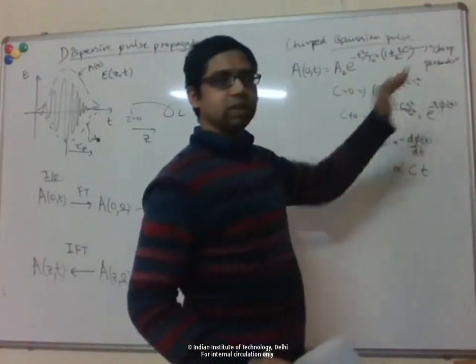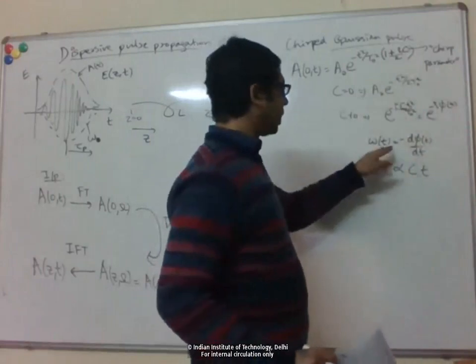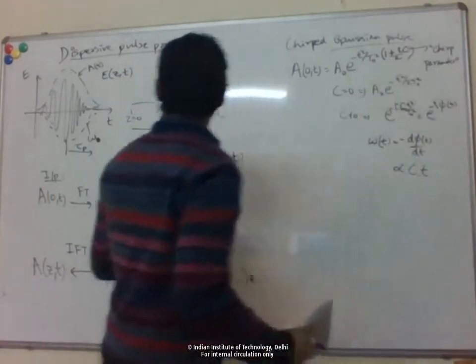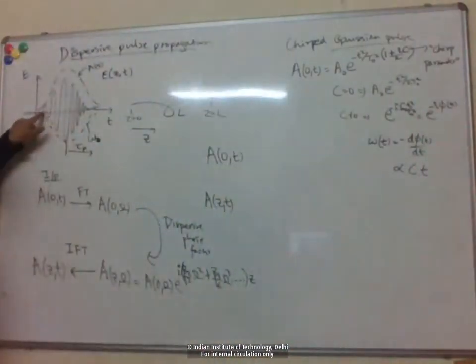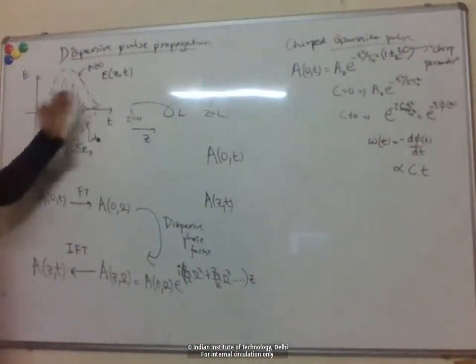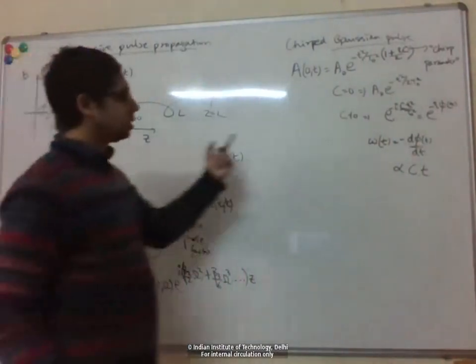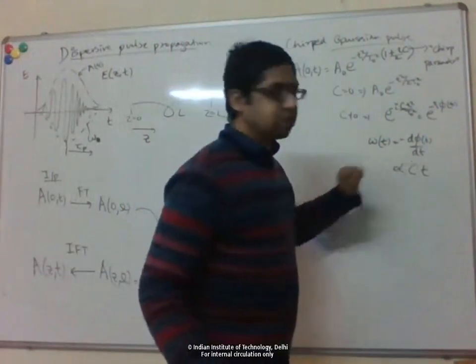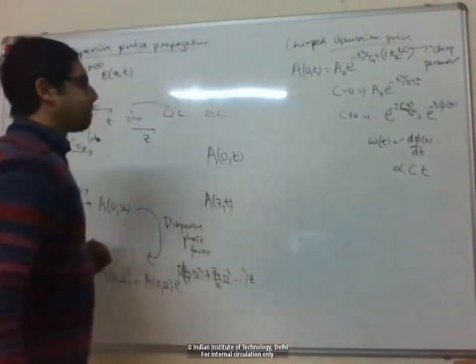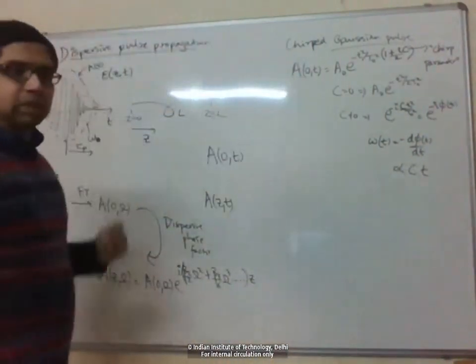If C is positive, then it's a positive chirp. Omega t increases with t. So in this case, for example, you can see the oscillations are getting faster. So that implies a positive C. Negative C will be opposite.